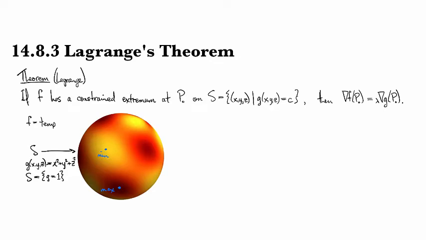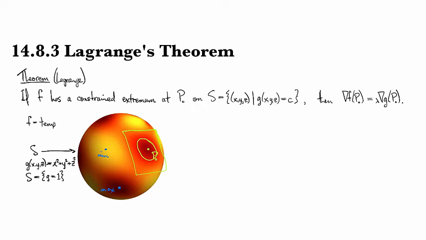Okay, so suppose we have a point on this surface, here's our p naught, where f takes an extreme value. Take a look at this and notice that if we look at where a level surface of f intersects the sphere, it would be something like this. You could imagine that the other points in space where f takes this value are maybe on this plane here.